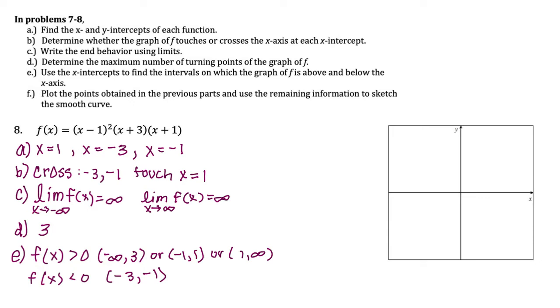All right, so a sketch of this, we have -3, -1, +1. Something like that. Alrighty.